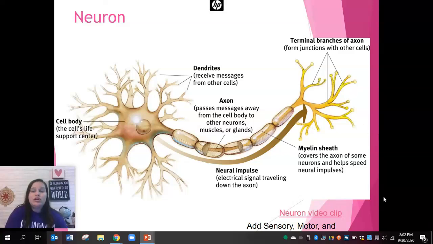But this is where there are chemicals that are waiting to be released. So neurotransmitters, which are the chemicals, are hanging out in there. And when that action potential gets to the end of the neuron, it carries a message that tells those neurotransmitters what to do next.